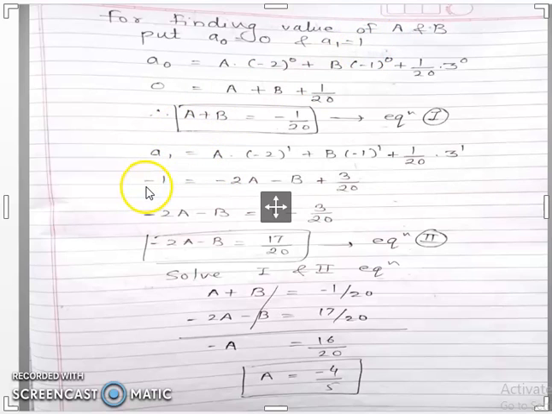So the next equation we get is 1 is equal to a into minus 2 raised to power 1, answer is minus 2a, then minus 1 into b, minus b, plus 1 upon 20 into 3, multiplication answer is 3 upon 20. Then the next equation we get is minus 2a minus b is equal to 1 minus 3 upon 20, so 2a plus b is equal to, answer we get, 17 upon 20. Mark this as the second equation.